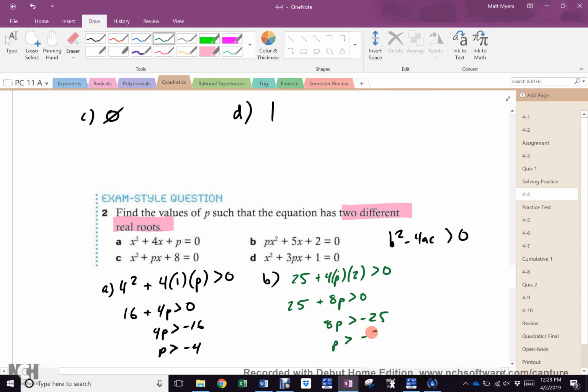P has to be greater than negative 25 over 8. Right? Everybody cool? I'm not going to go any further. You know what you're doing.